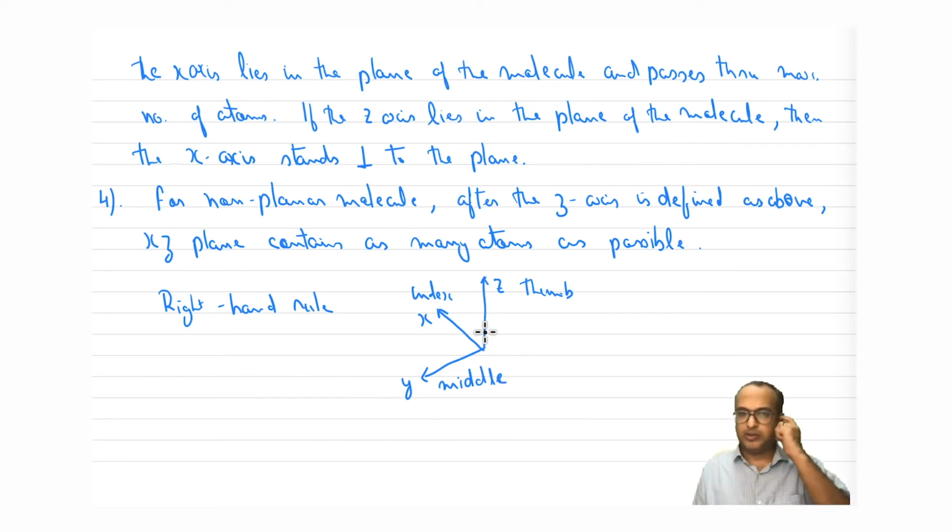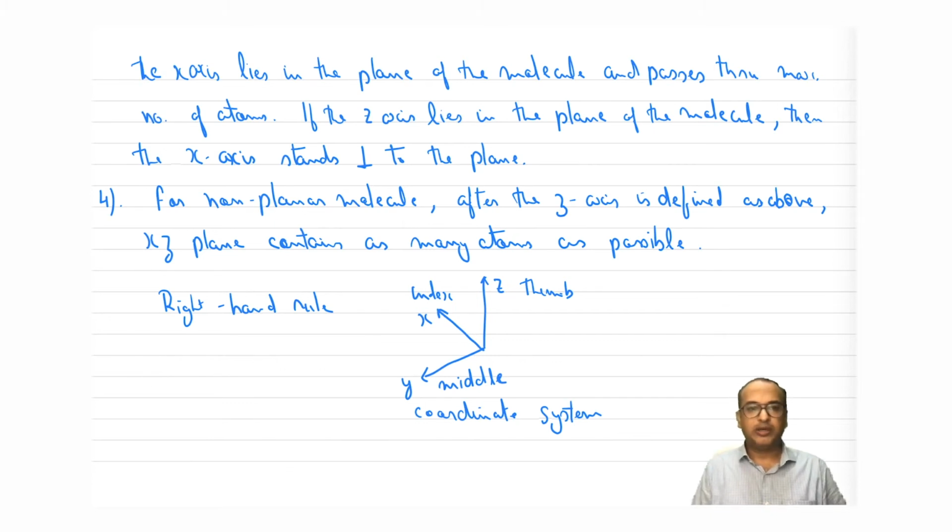This is the orientation of the right hand rule which we follow for the coordinate system, so that there is no confusion.